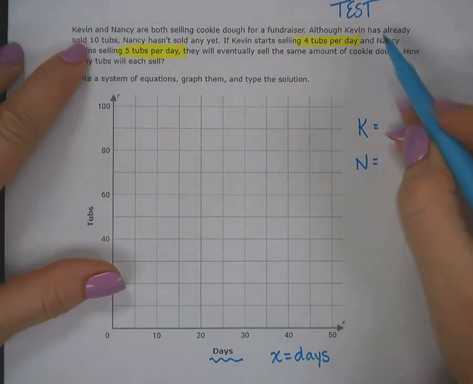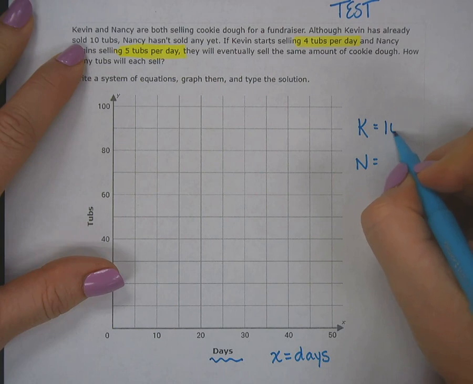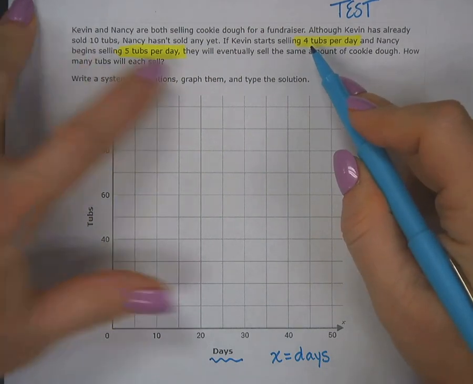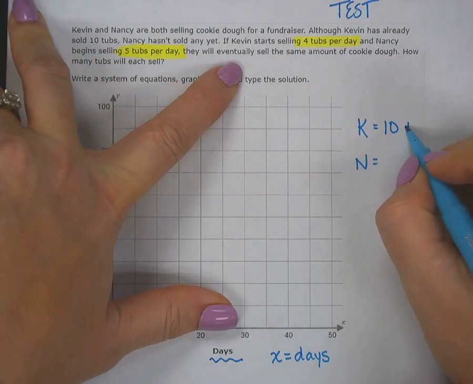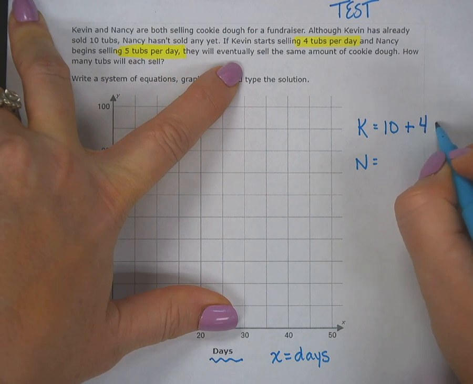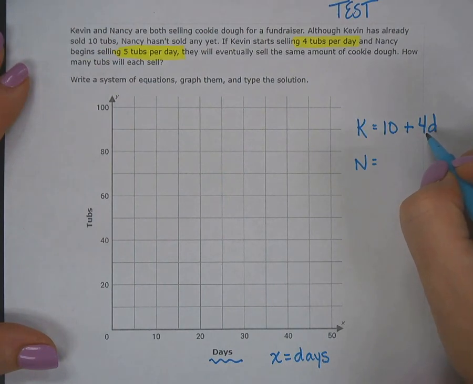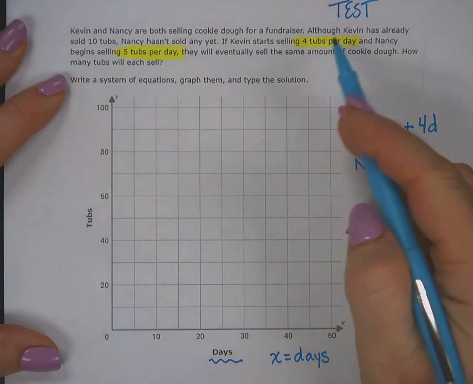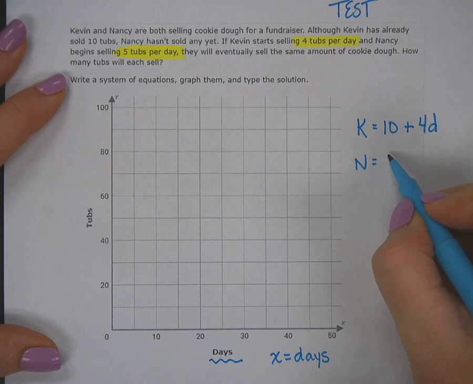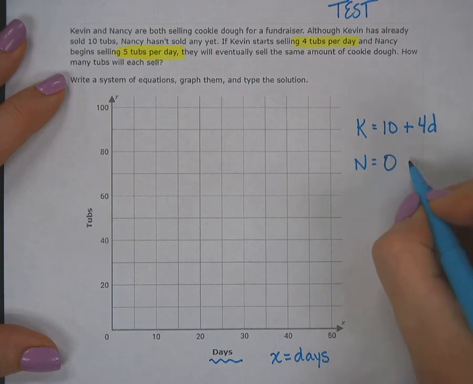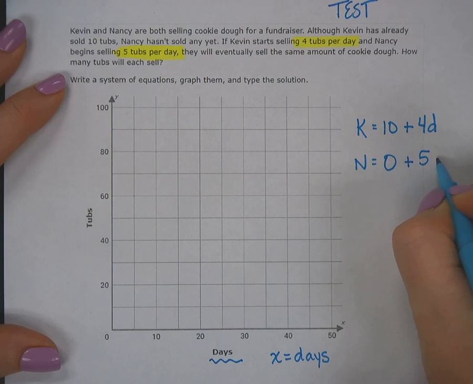So Kevin has already sold 10 tubs, so we're going to start with 10, and then we are going to add 4 tubs per day. So 4 times D is going to represent, so after 1 day, it's 4 times 1. After 2 days, he's sold 4 times 2, or 8 more tubs, and so forth. Nancy, on the other hand, doesn't have any sold yet, so she's starting at 0, and she is adding 5 tubs per day.